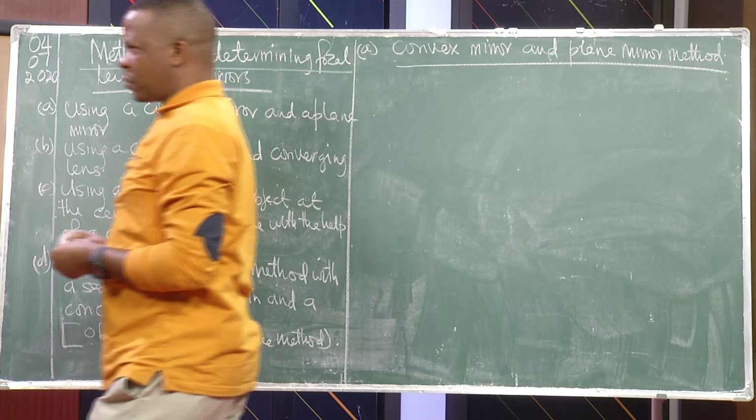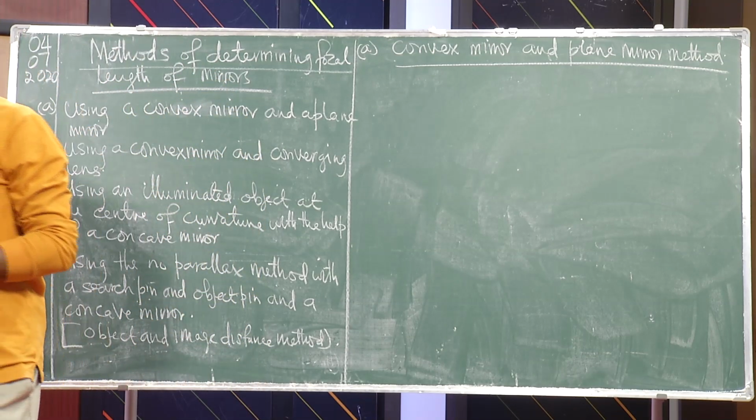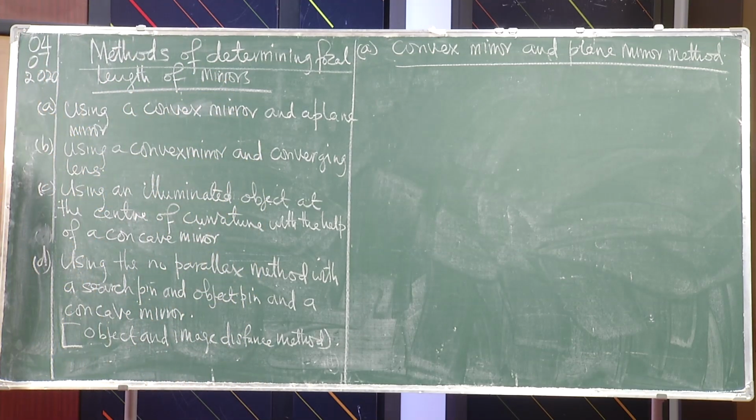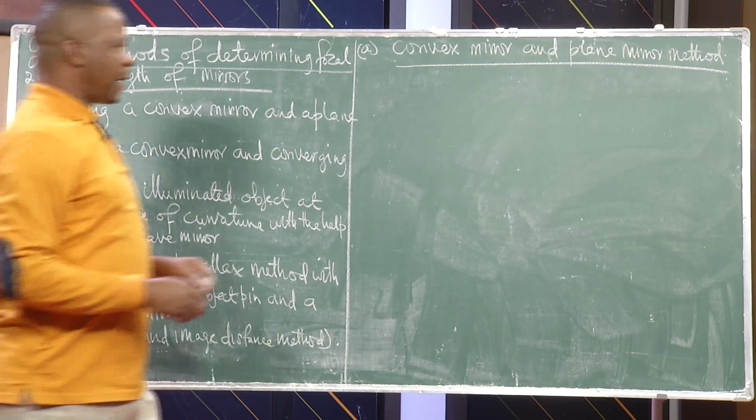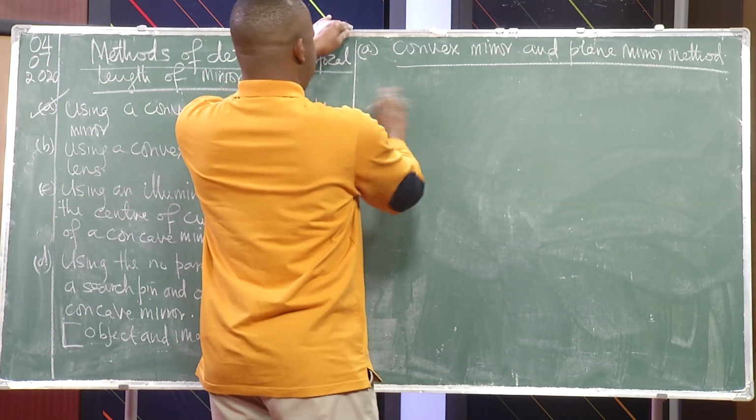I would like us to look at that first method where we are saying we are using a convex mirror and a plane mirror. But these are all methods that can be used. So we shall look at that one. And we begin with a diagram.